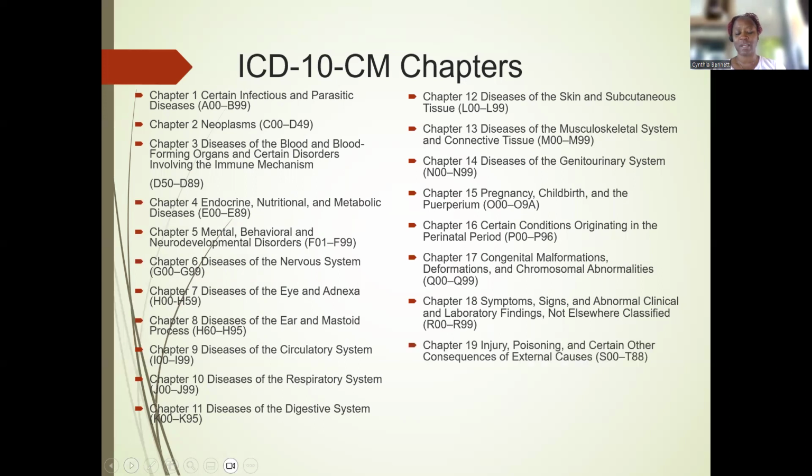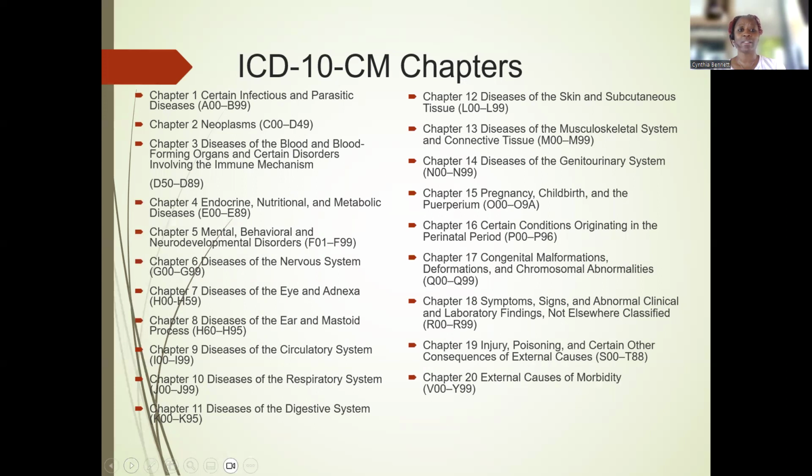19 is going to be for any type of injuries and poisoning. 20 is going to be for any external causes. Now, you will notice that each of these sections that I just identified are identified with a range of codes as well. So for example, chapter 1 is going to be A00 through B99.